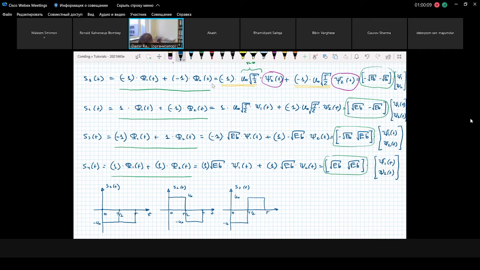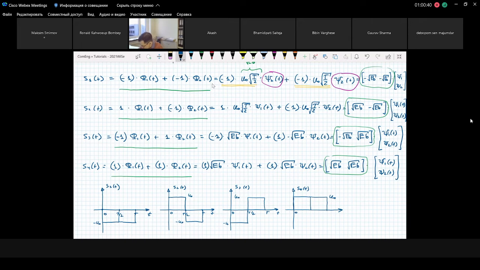And the last signal, S4 of t, we have phi1 of t plus phi2 of t, and it has amplitude 0.